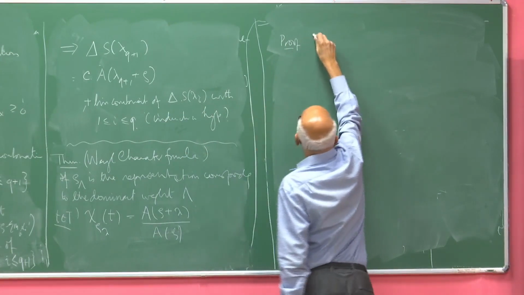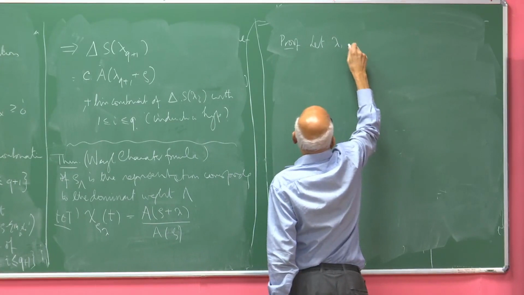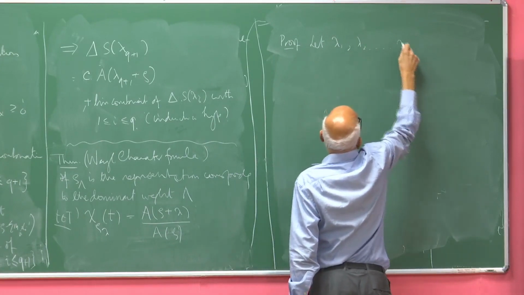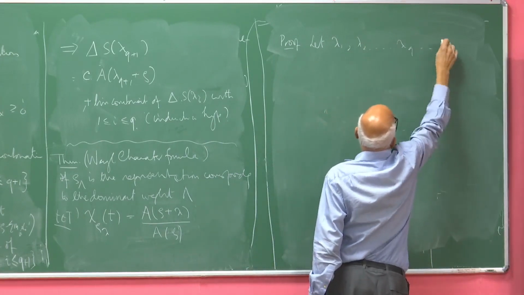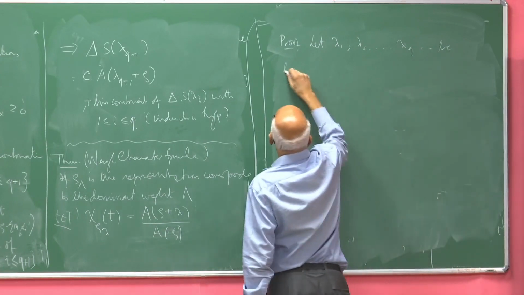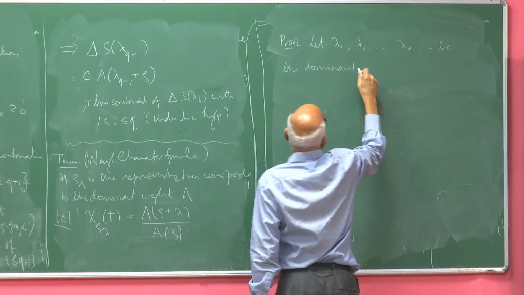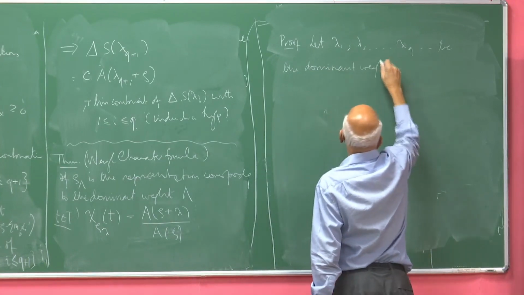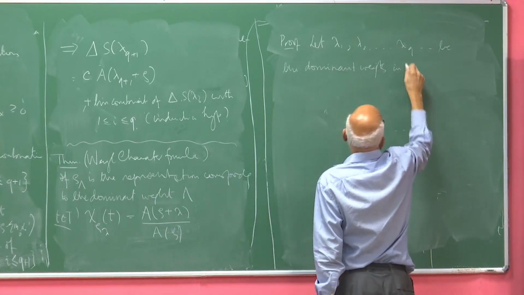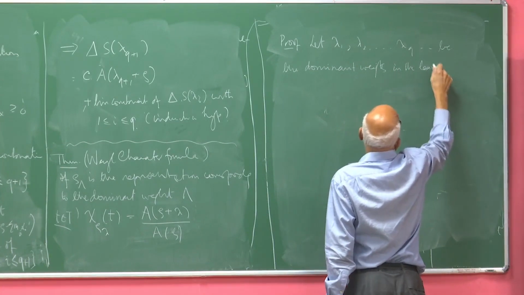Once again, let lambda 1, lambda 2, lambda 3 be the dominant characters, weights, in the lexicographic order.